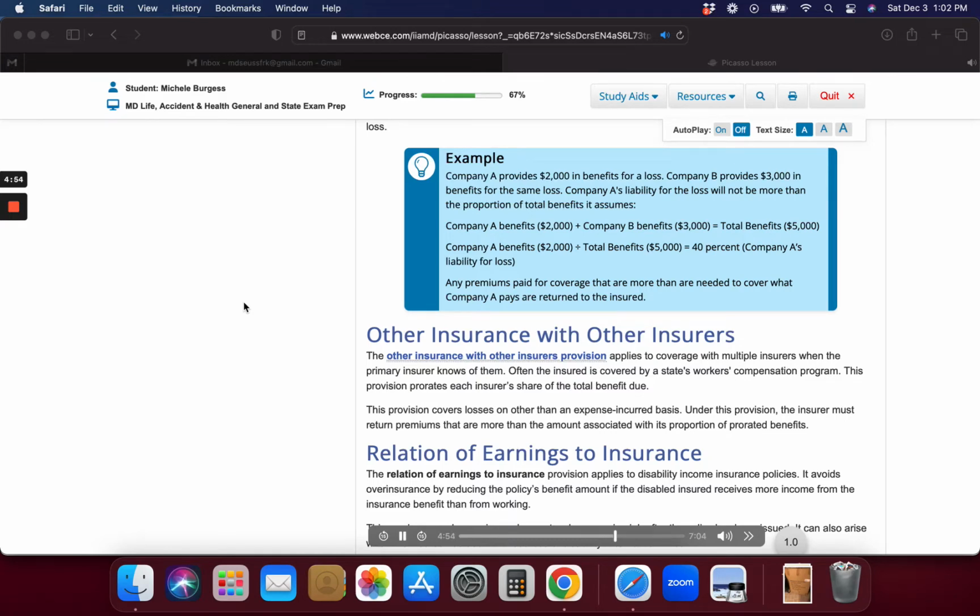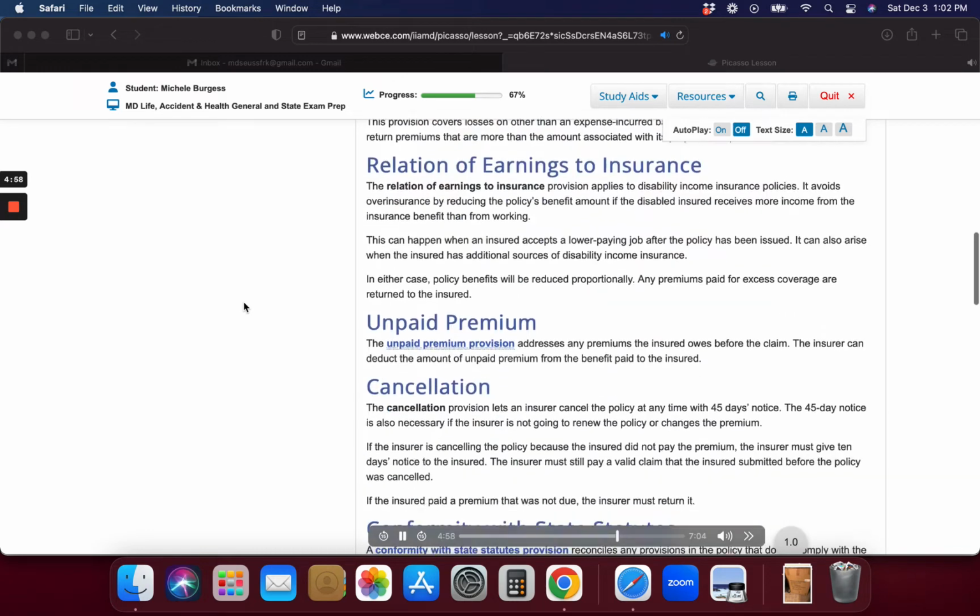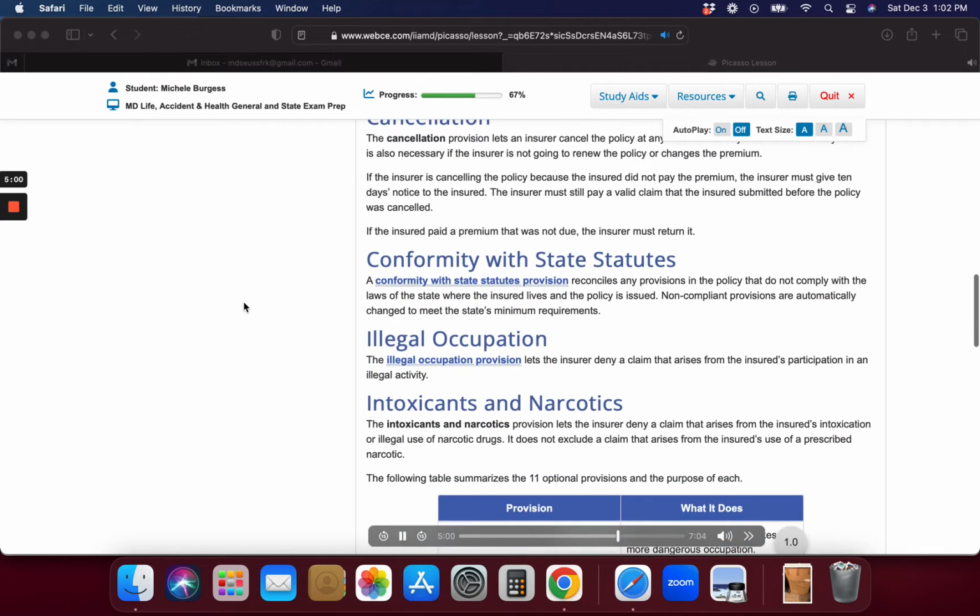If the insurer is canceling the policy because the insured did not pay the premium, the insurer must give 10 days notice to the insured. The insurer must still pay a valid claim that the insured submitted before the policy was canceled.